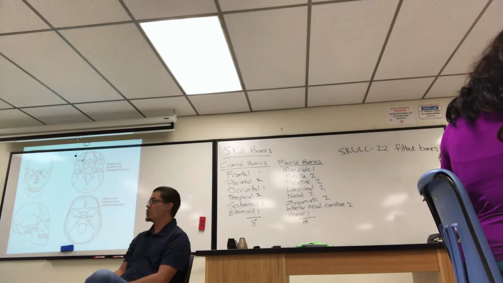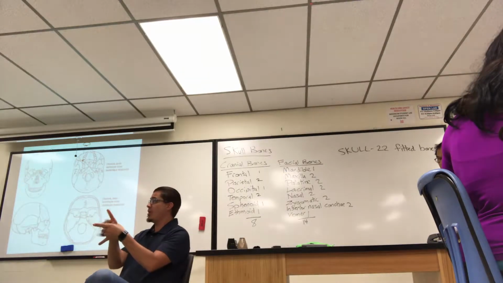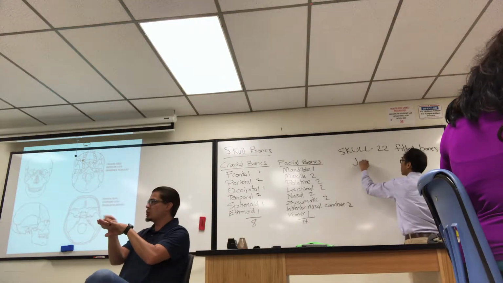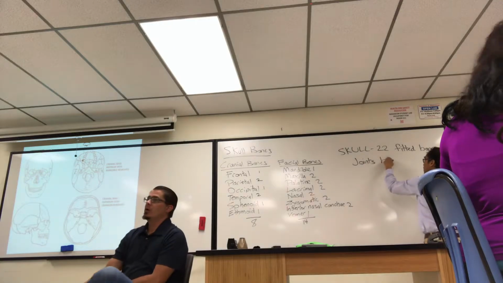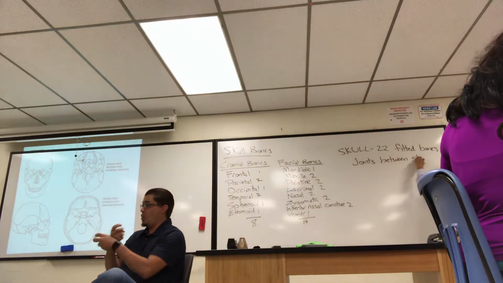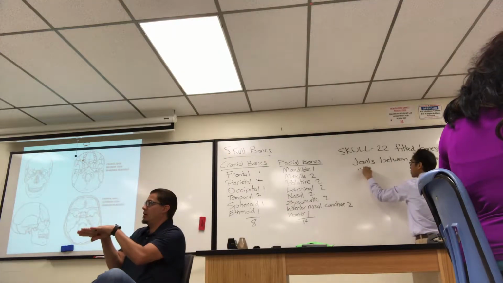The joints between the skull bones are immovable joints, and they're sutures. Joints between skull bones use the term sutures.